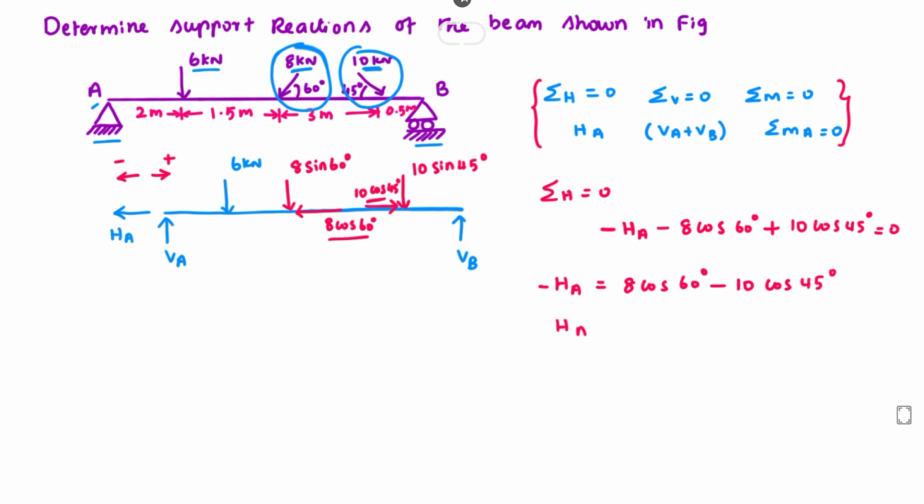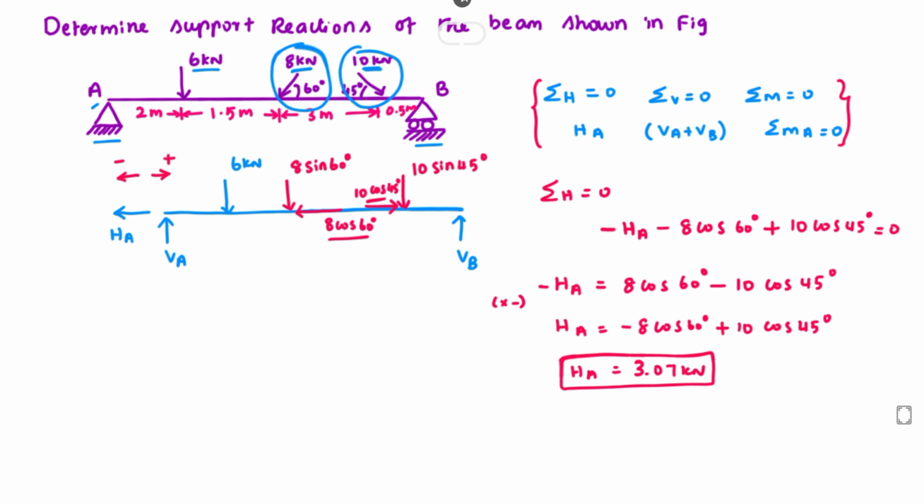So now HA equal to minus 8 cos 60 degree plus 10 cos 45 degree. So HA will be equal to 3.07 kilonewton. This is one of the support reactions.